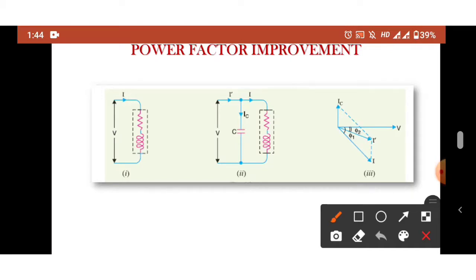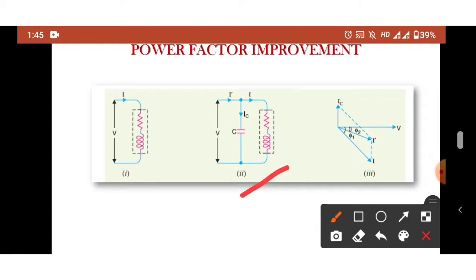We know that a capacitor draws reactive power. So this inductive lagging reactive power can be compensated or decreased by using this leading kVAR produced by or given by the capacitor. Consider the phasor diagram of this second circuit.